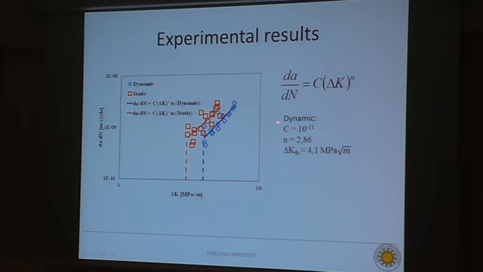You can see that m is equal to 2.86, and the threshold value is around 4.1. And from the static, we can see a higher C value, which means that it's shifted to the left, but almost the same m value, which means the same slope. And the threshold value is a bit smaller, 3.1 megapascal.